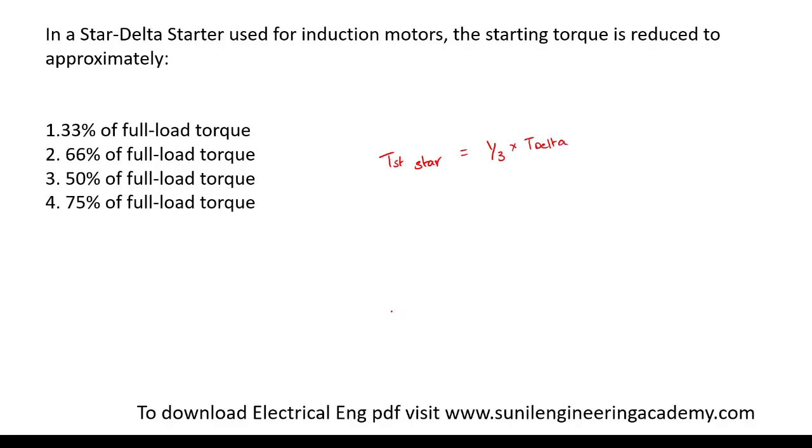So why do we go with the star delta starter? Whenever it is converted, the torque becomes 1/3, in the sense 33% of the full load torque.